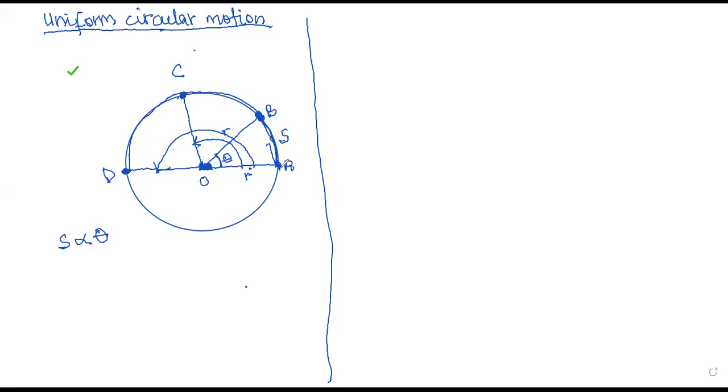When the body goes through one complete revolution, starting from a point A and coming back to point A, it has gone through a linear displacement equal to the circumference of this circle. And the angular displacement at the center is also equal to 360 degrees. So we realize that S is directly proportional to theta.